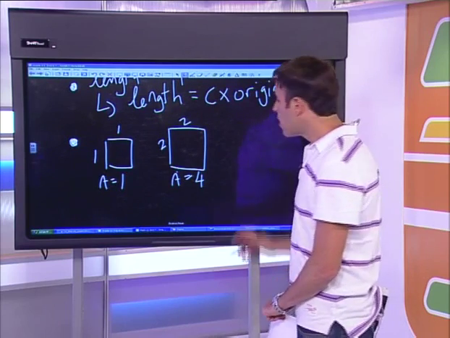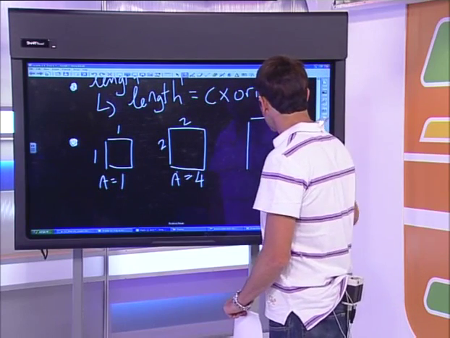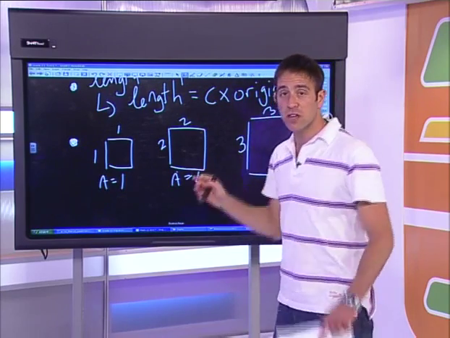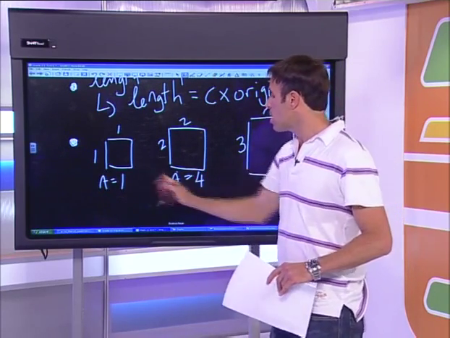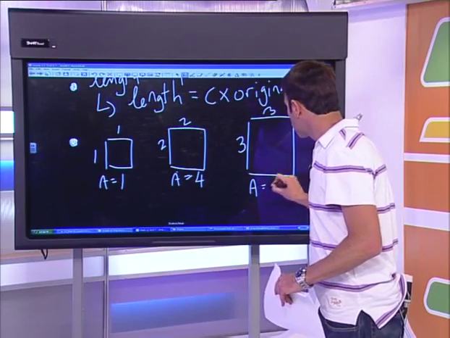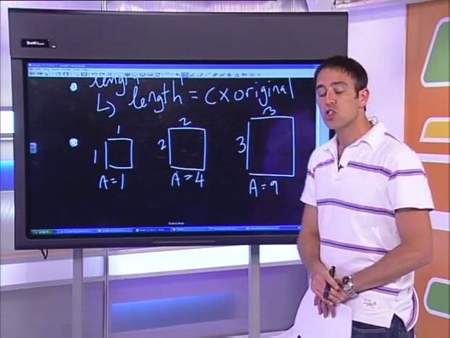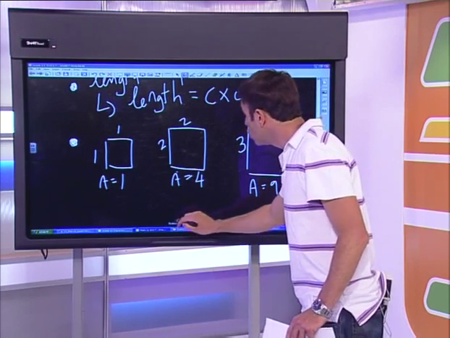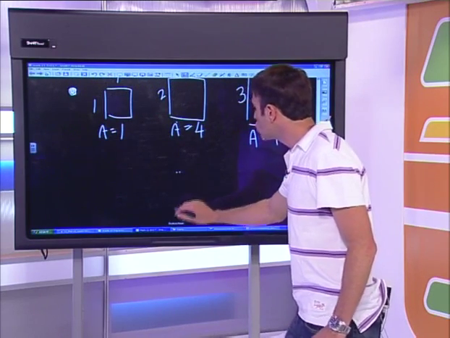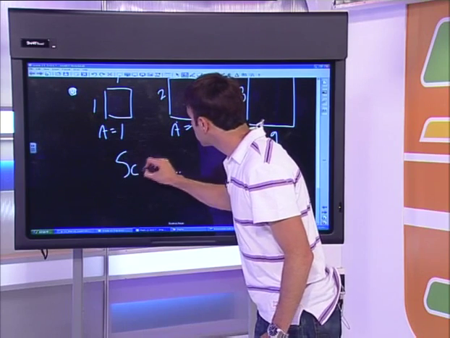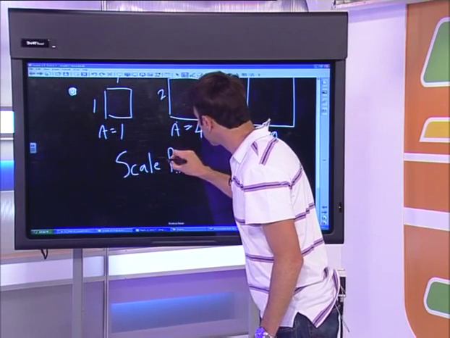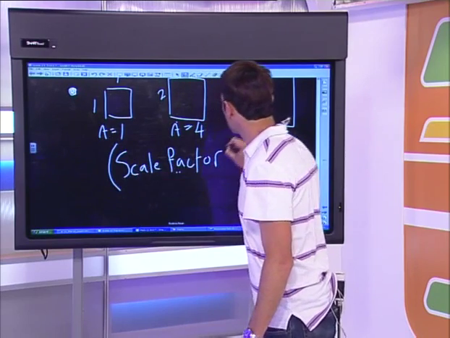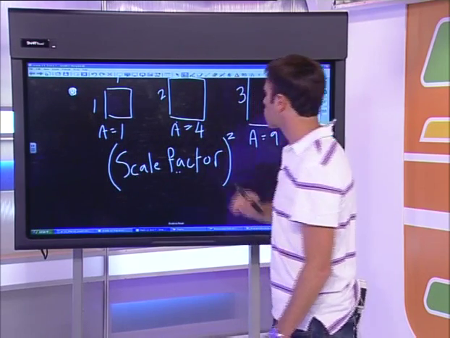And if I make this thing 3 by 3, the scale factor here is 3 because I've just made it 3 times bigger than the original, but the area becomes 9. So there's a hint there. To get your new area, because you're working with units of area, you've got to use your scale factor squared.